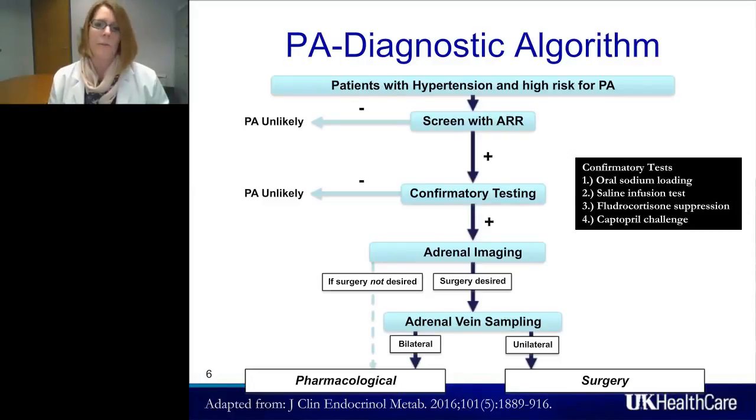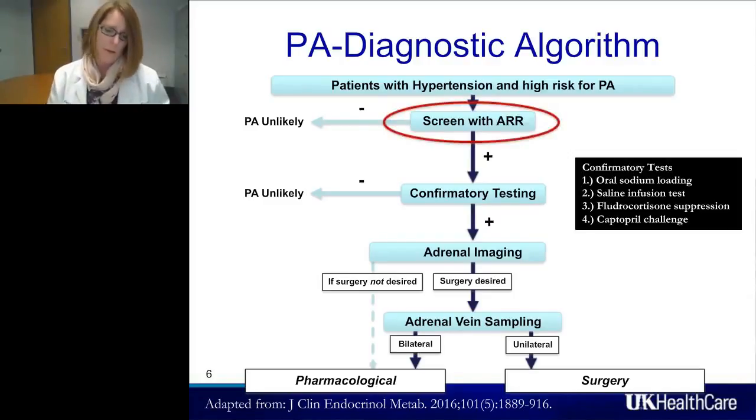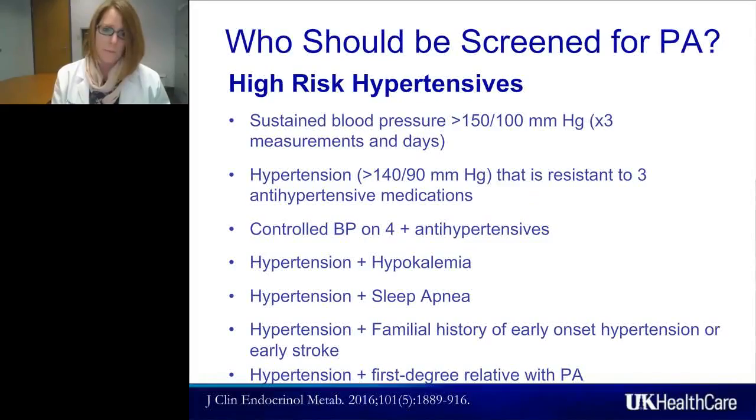mineralocorticoid receptor inhibitors. So as you might imagine, because of the risks of cardiovascular morbidity and mortality, the screening test for primary aldosteronism is very important. I mentioned that the screening test should only be performed on patients at high risk for primary aldosteronism.